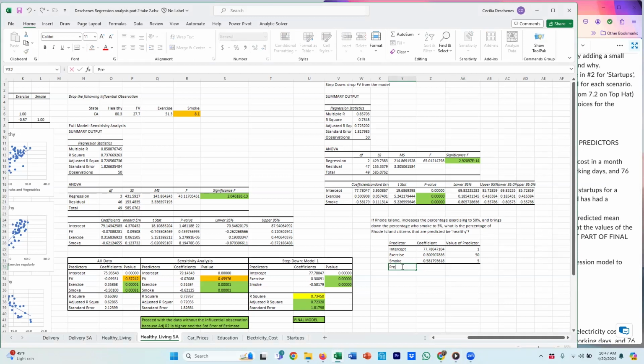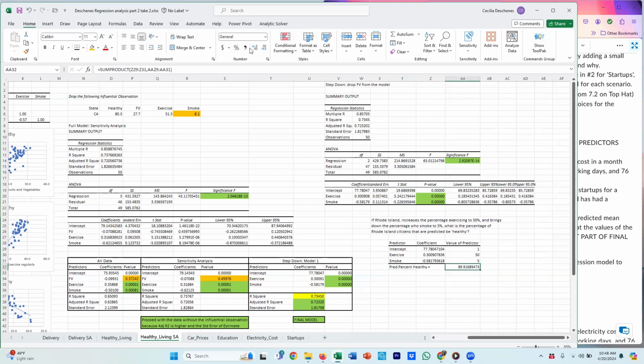Okay, so if we do that, then the predicted percent healthy is going to be equal to the sum of the coefficients times the predictor values, each one multiplied and then added together, and we're going to get 89.91 or 89.92, close to 90, right? 90%.